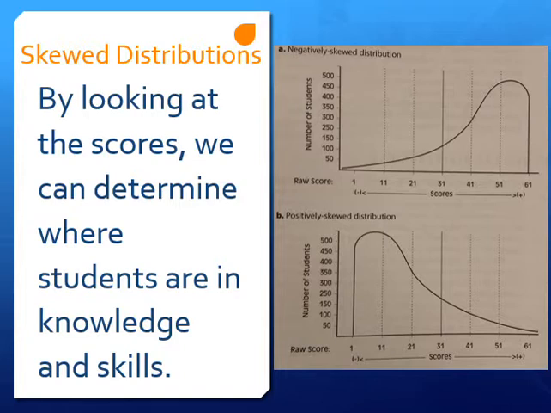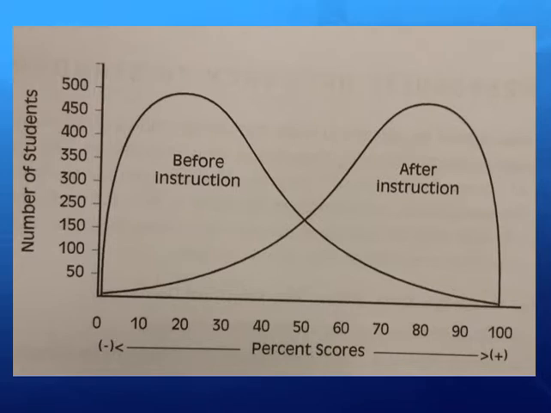So when we look at before instruction and after instruction, we can see the differences between the skewed distributions. This is what a distribution of scores should look like before and after instruction. Typically, at the beginning of a semester or at the beginning of teaching a new skill, we should see more of a positively skewed distribution, and at the end of a semester, a negatively skewed distribution.